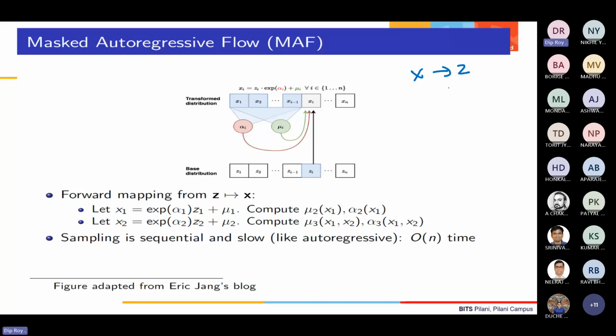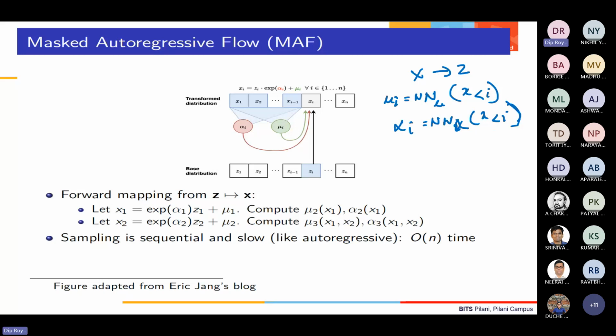So what will the neural network do? Your neural networks will take X as the input, and your alpha is going to take X. This is the input.